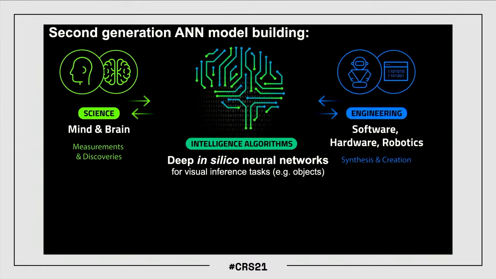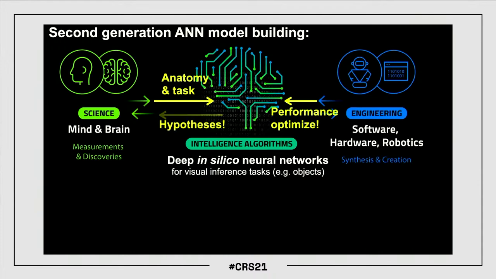So this dialogue between natural intelligence and artificial intelligence is really being amplified by this approach where natural intelligence brings to the table usually anatomy and tasks, like I described for vision. Engineering brings performance optimization tools to optimize the networks and implement the networks. And then those networks return as scientific hypotheses that can be evaluated in the way that I just described here.